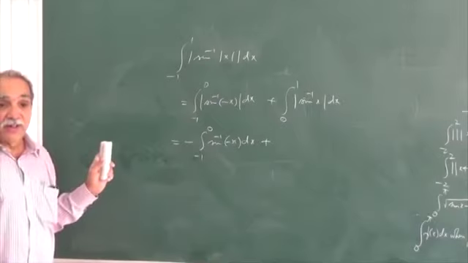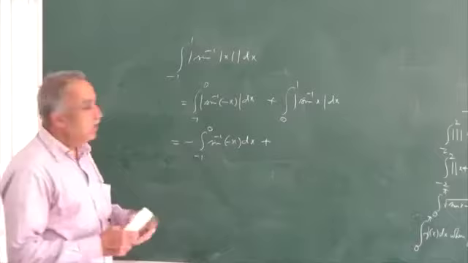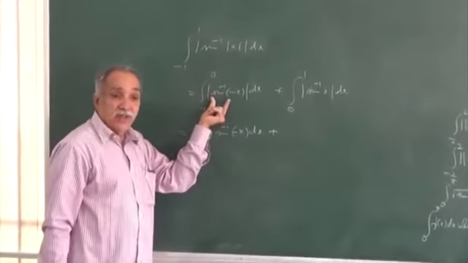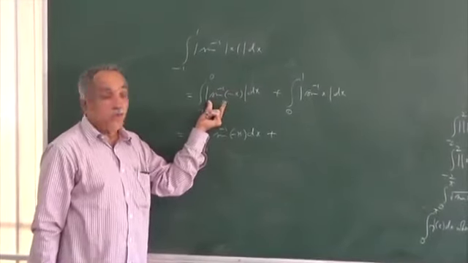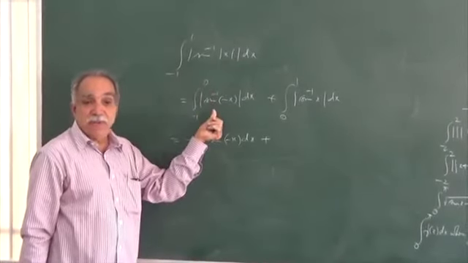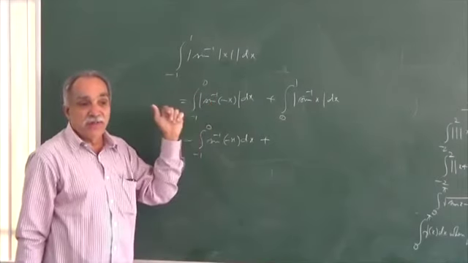I am sorry, I made a mistake. X is between -1 and 0. I am not finding sin inverse x, I am finding sin inverse minus x. When x is between -1 and 0, minus x will be between 0 and 1.